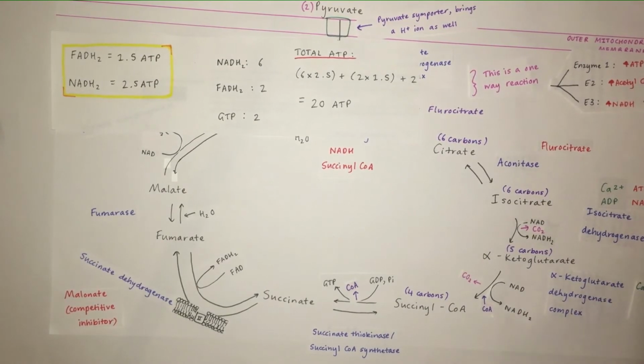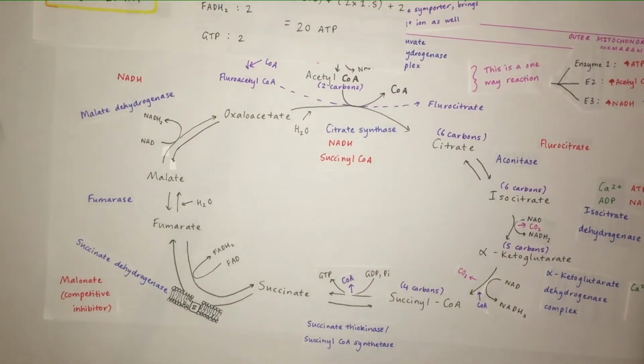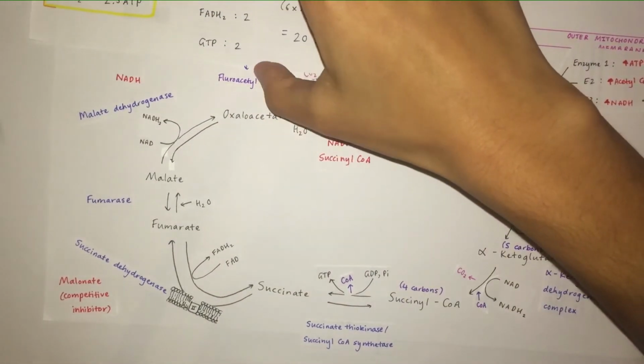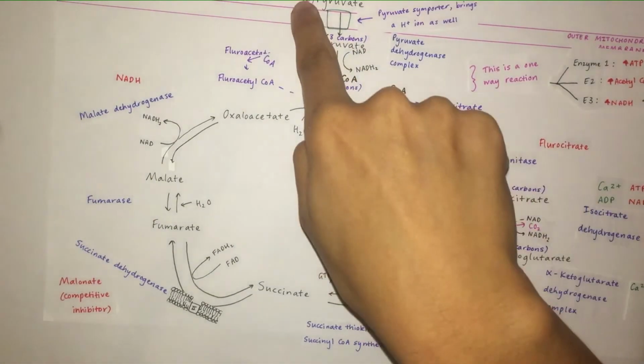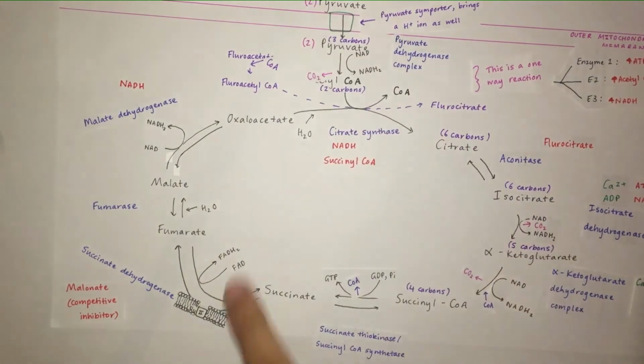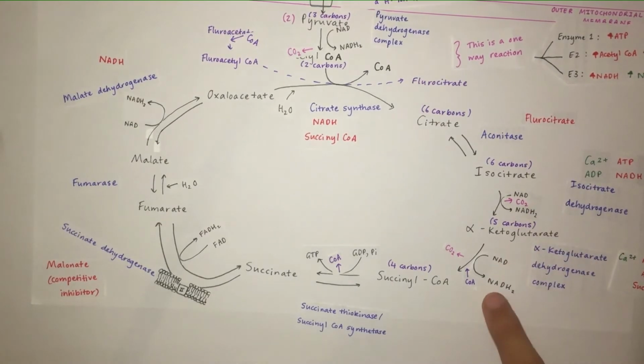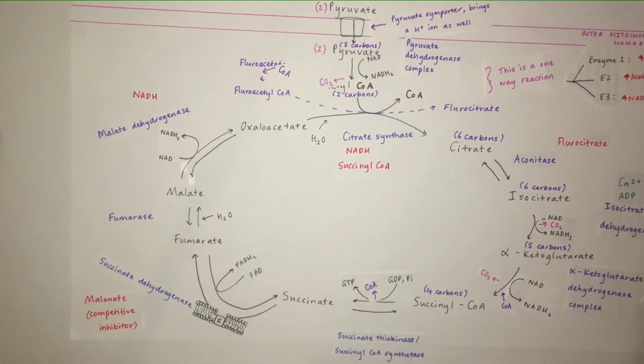So if we consider this, let's count up how many NADHs we have. So we've got to multiply everything by 2, remember, because if we look up here, we've got 2 pyruvates from glycolysis. So we've got to go through the cycle twice. So let's count up how many NADHs we have. So we've got 1, 2, 3 NADHs.